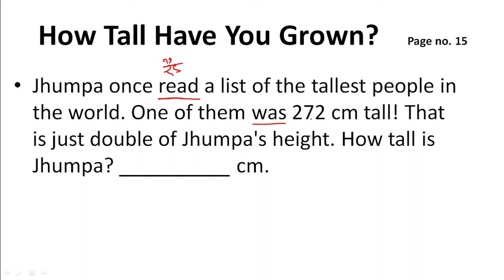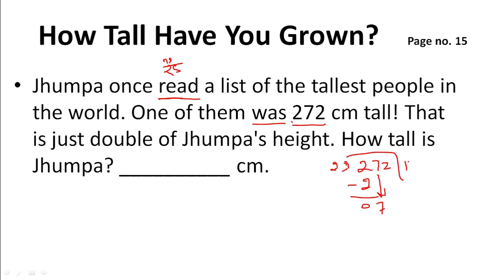Now that is just double Jumpa's height. So the tallest person is 272 centimeter in height, and Jumpa is half of this. So what will be the height of Jumpa? We will divide 272 by 2 to make it half. 2 ones are 2. 2 minus 2, 0. We took 7 down.